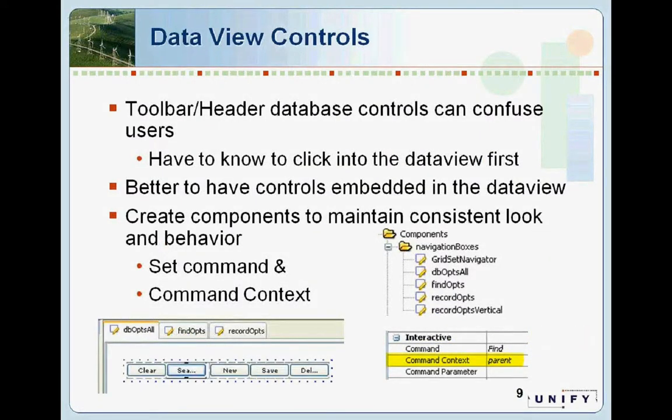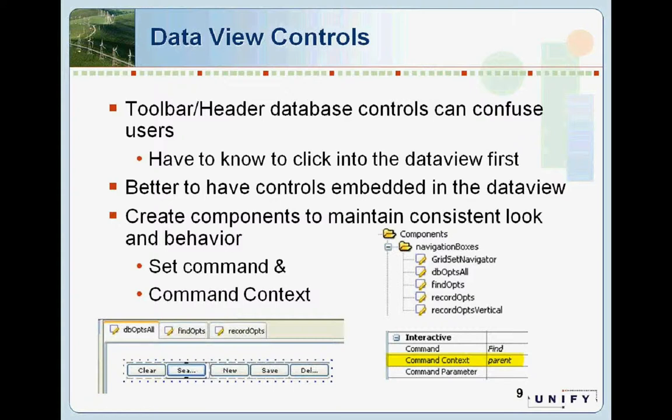So in NXJ, when you have the toolbar at the top of a form, and we'll see that in a regular demo application, what you'll see is that if you have a complex form where you have nested data regions, so data views in NXJ terminology, depending on where your mouse focus is, those controls behave differently, and that confuses users sometimes.